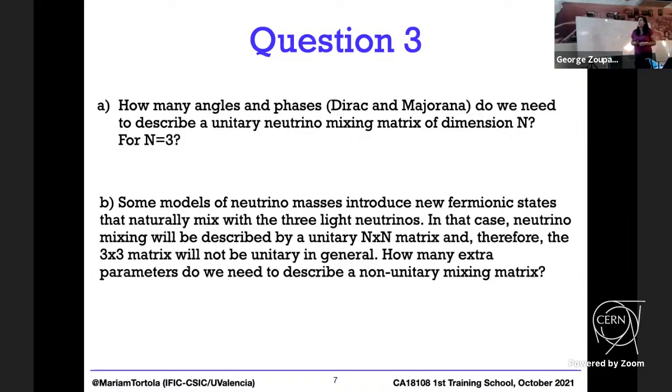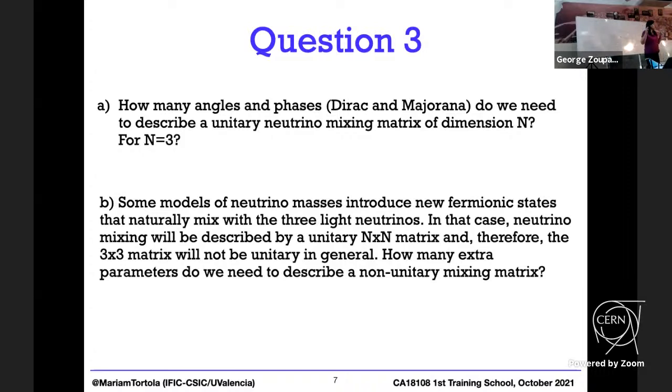And going a bit beyond the second part of the question, I don't know if tomorrow I will have some time to discuss a little bit on that, because some models of neutrino masses, as we have seen, the seesaw models, introduce new fermionic states that naturally mix with the light neutrinos. So at the end, we end up with a matrix with all the states mixing together, not only the light, but also the heavy fermionic states, or neutral heavy leptons.